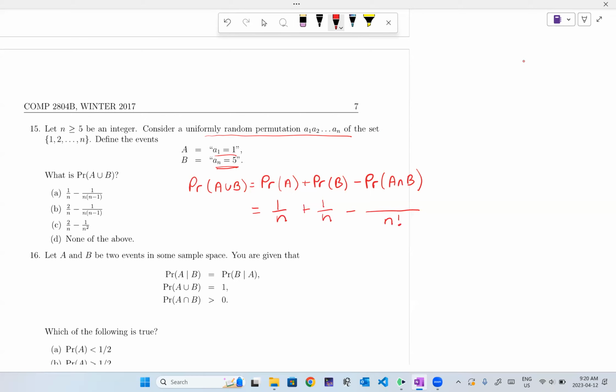And I have n minus 2 elements left, n minus 2 locations, so (n minus 2) factorial permutations. So this is going to be 1 over n times (n minus 1), once we cancel out the (n minus 2) factorial. So this is 2 over n minus 1 over n times (n minus 1).